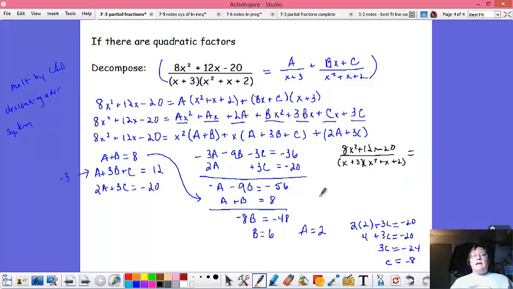Now we've got our A, that's 2 over x plus 3. And then it is plus Bx plus C. So plus 6x minus 8 over x squared plus x plus 2. And that's our final answer.